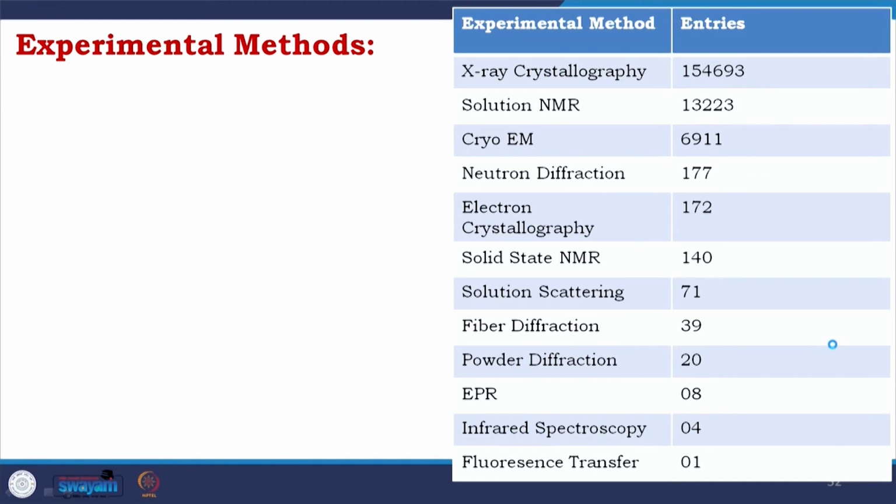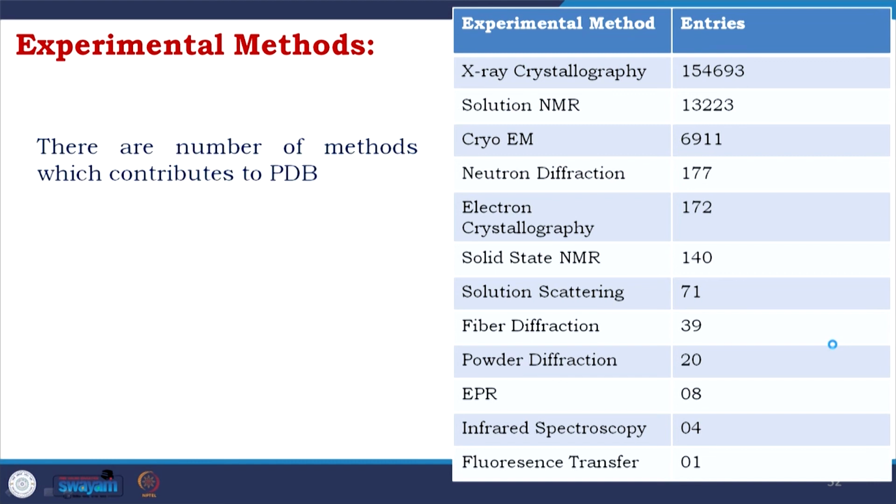We are talking mainly about X-ray crystallography, solution NMR and cryo-EM, but the PDB entries are not limited to these three techniques. It is also contributed by neutron diffraction, electron crystallography, solid state NMR, solution scattering, fiber diffraction, powder diffraction, EPR, infrared and fluorescence transfer.